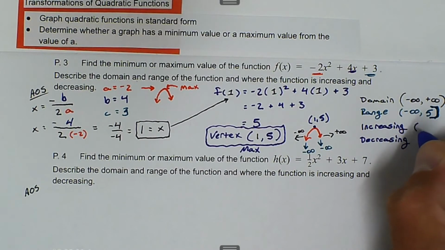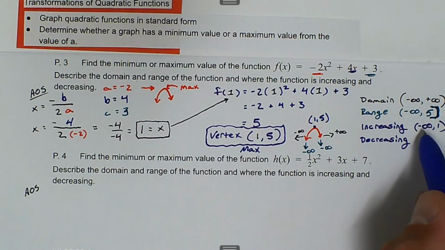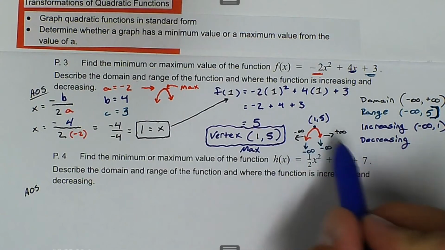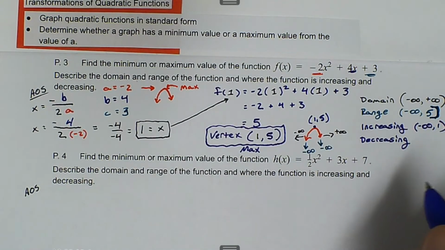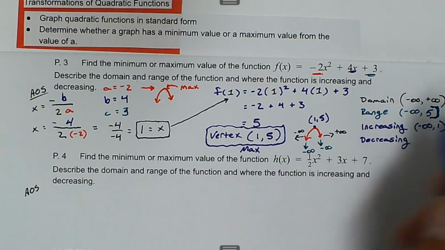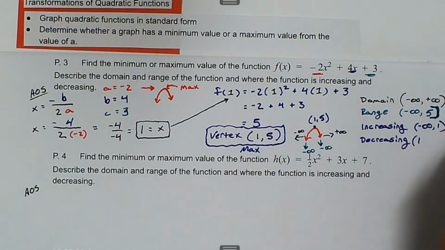So increasing from negative infinity to 1. 1 is not included, and negative infinity is not included, because you can't count that high. 1 is not included because the slope at the vertex is 0. It's neither increasing nor decreasing. Then we continue decreasing, and we start at 1. 1's not included, but right after that is included, and then we make it all the way to positive infinity.